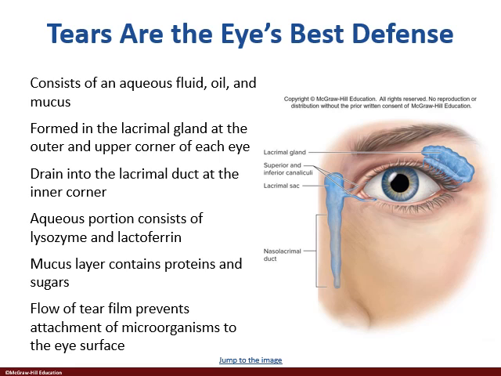You are constantly making more fluid. The fluid comes from the lacrimal ducts, the lacrimal sac, and comes out at the corner of your eye. Every time you blink, think of that as a windshield wiper that goes across the windshield of your car, wiping away the rain.